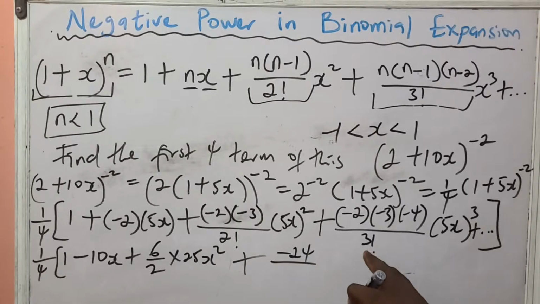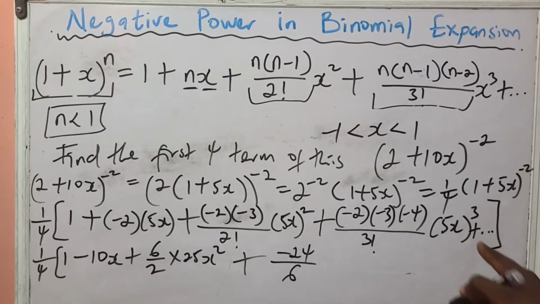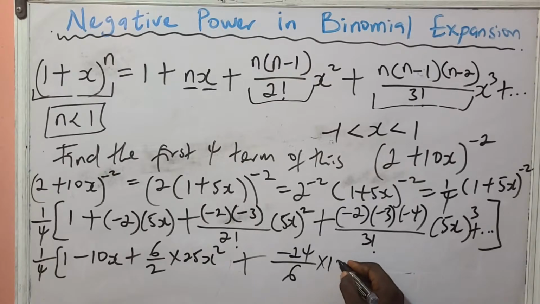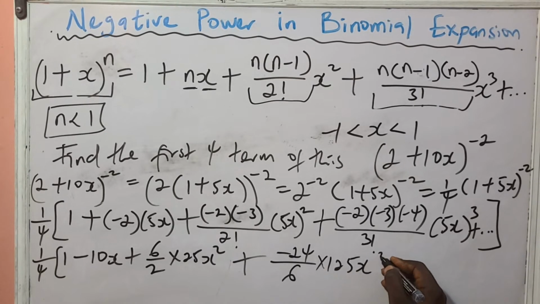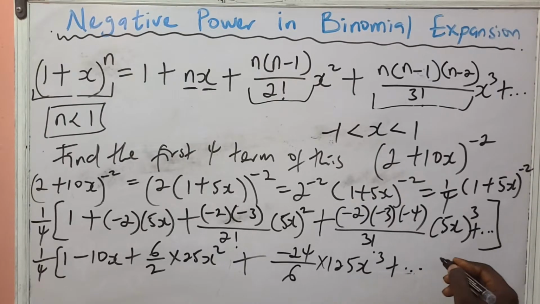Minus 24 over 3 times 2 times 1, that's 6. Then here we have 5 raised to the power 3. 5 times 5 times 5, that's 125. So that will be times 125x raised to the power 3. Plus dot dot dot, which we are not so much interested in based on this question.